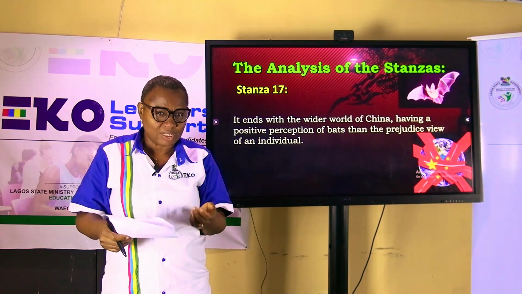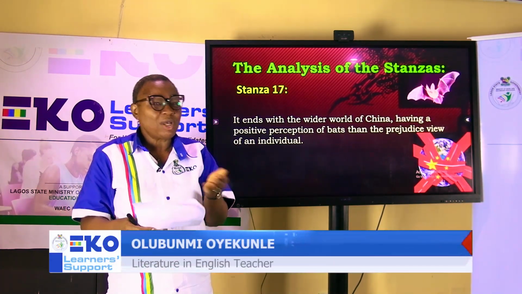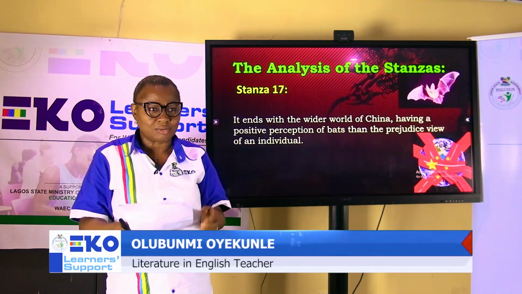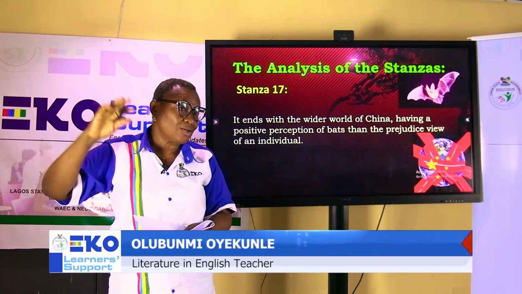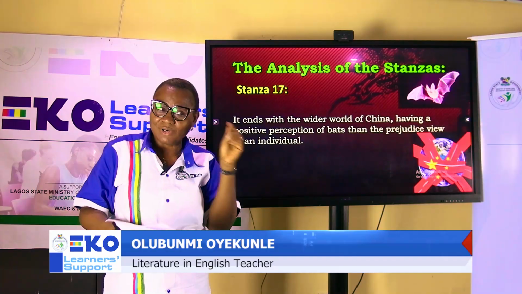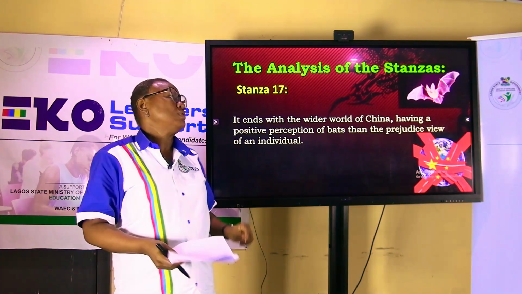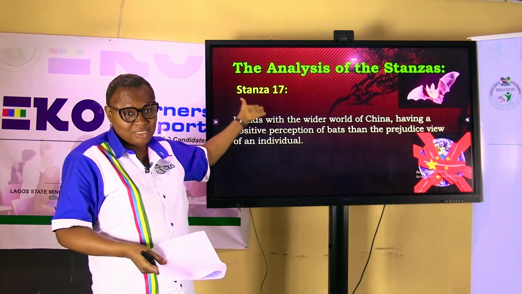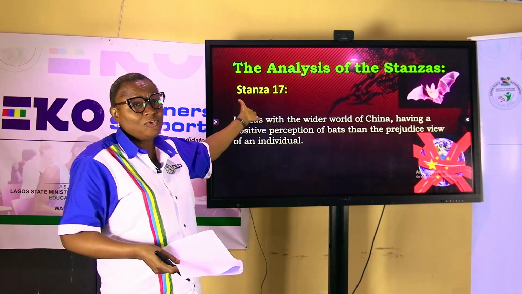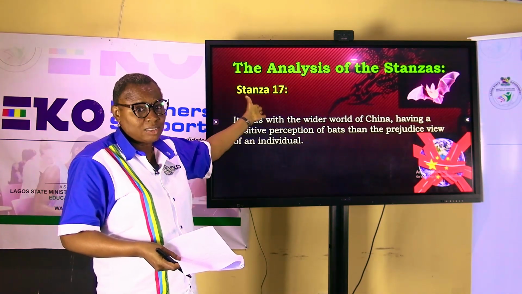personal opinion about bats. But despite his personal opinion, the larger society of China has a different perception of this animal. And that is one of the features of romantics.